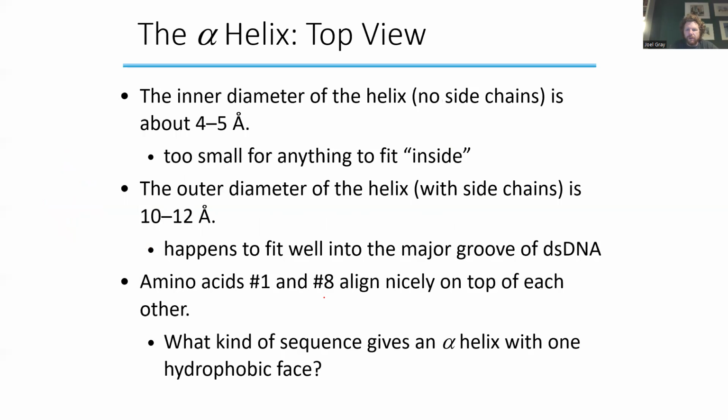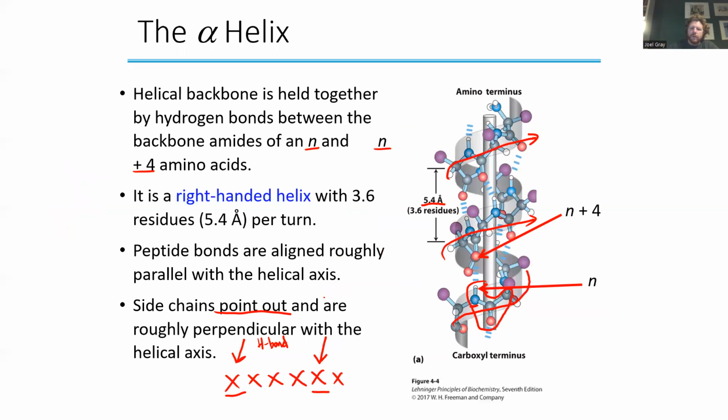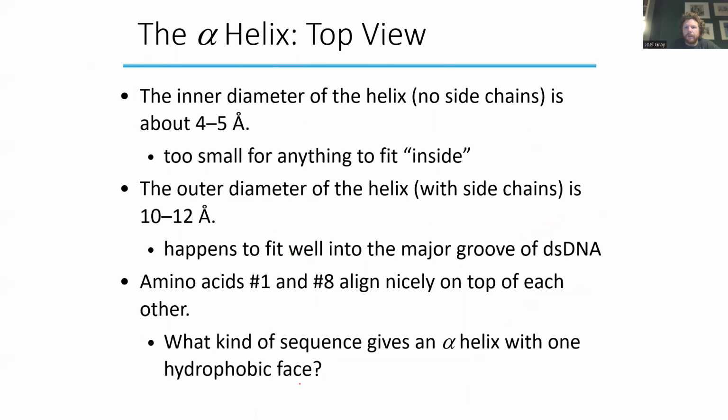So if, let's say, we have a lysine right here and an aspartic acid right here, that's a strong stabilizing interaction. That combination is probably going to lead to this helical formation because that interaction is going to help stabilize the overall structure of this part of the protein.